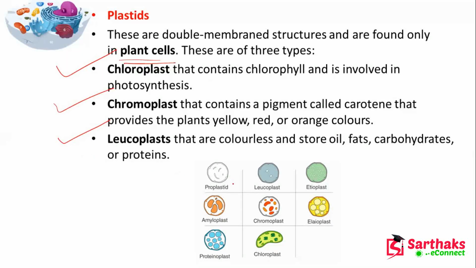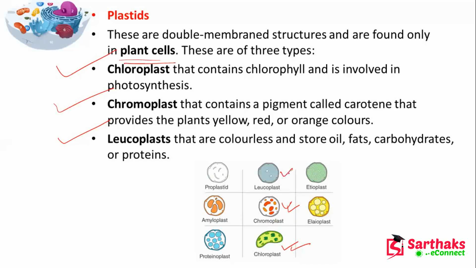Here you can see the chloroplast and the chromoplast. The chloroplast contains chlorophyll and is involved in photosynthesis. The chromoplast contains a pigment called carotene, which gives plants yellow, red or orange color. Another one is the leucoplast.